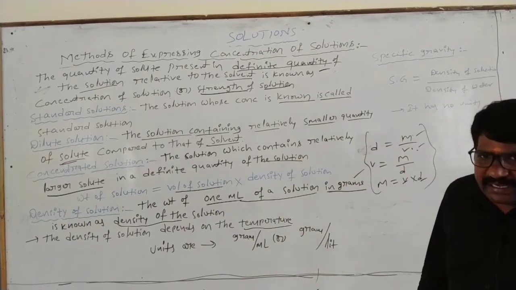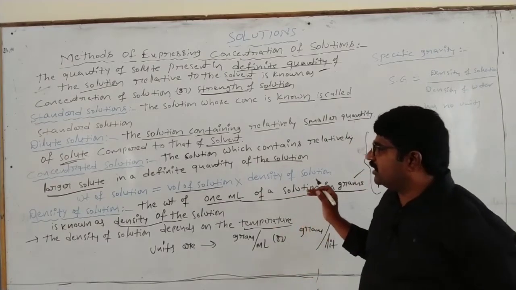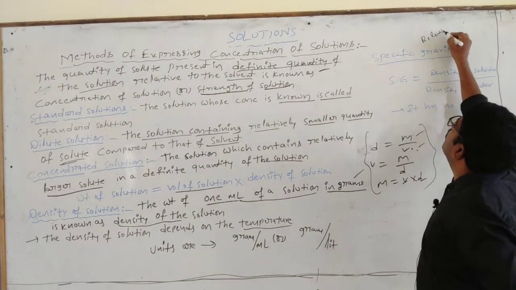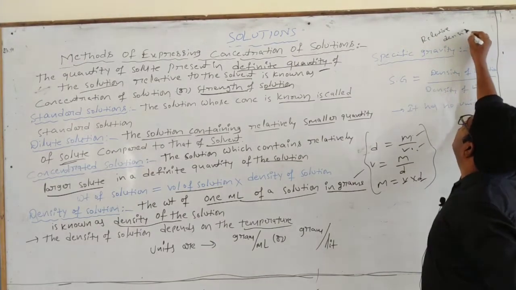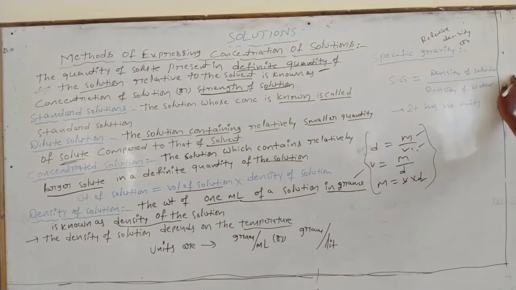And relative density, also called specific gravity. How to define it? Specific gravity is the ratio of the density of the solution and the density of water. Here the density of the solution means the given solution; it may or may not be water.